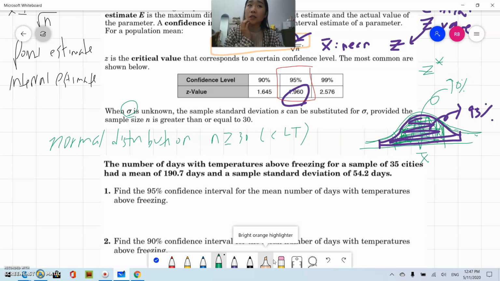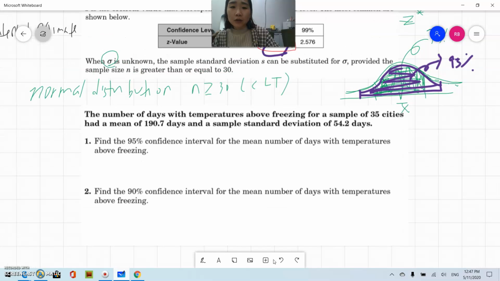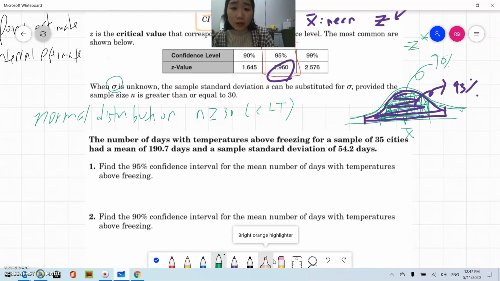By the way, these z-values do not change. As long as you have a 90% confidence level, you will always use 1.645, and the same goes for 95% and 99%.